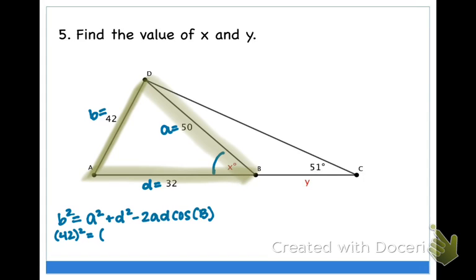A squared is 50 squared plus 32 squared minus 2 times 50 times 32 cosine B.